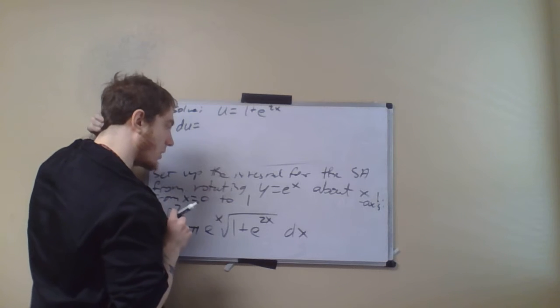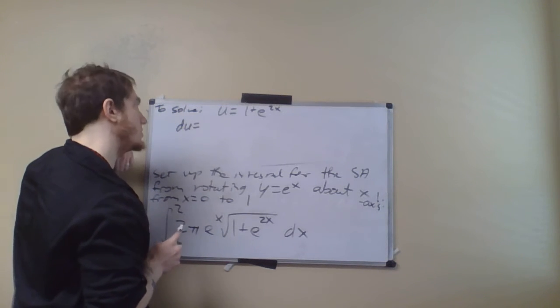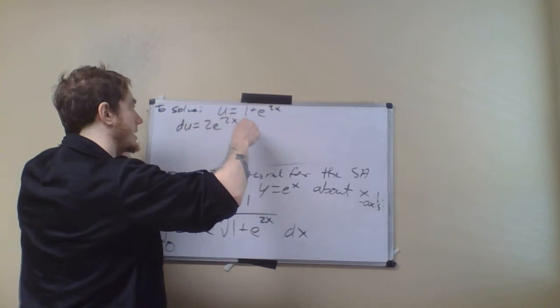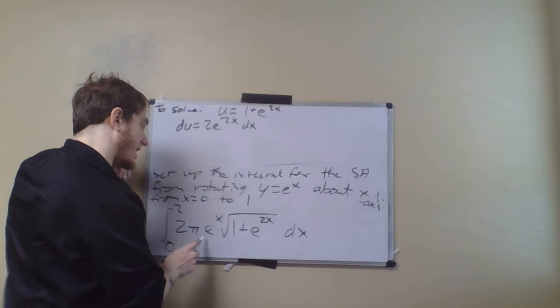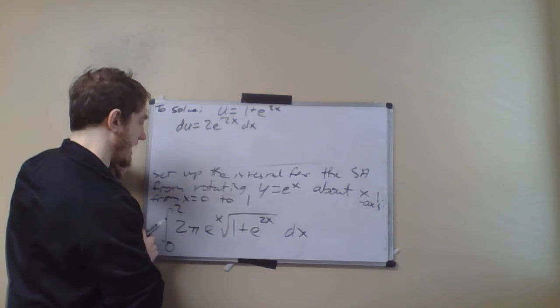Yeah, I think there was a reason why I said I wanted to just leave this one as set it up. Because the problem is that when I do this, then du is 2e to the 2x dx. But I actually only have e to the x here. And that really throws things off quite a bit.